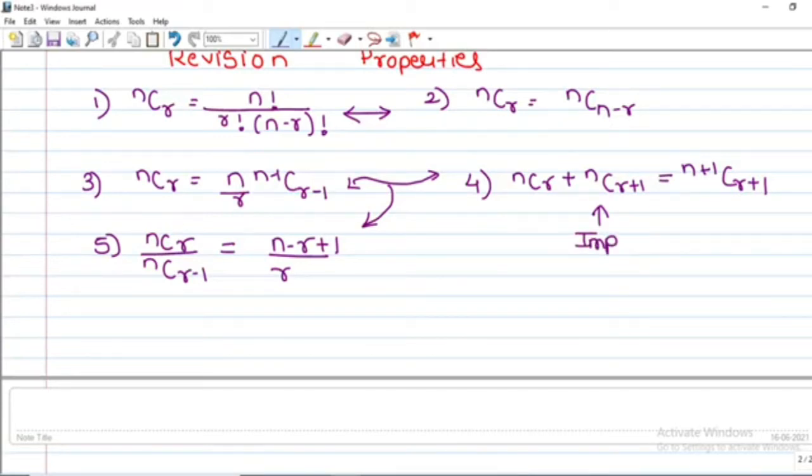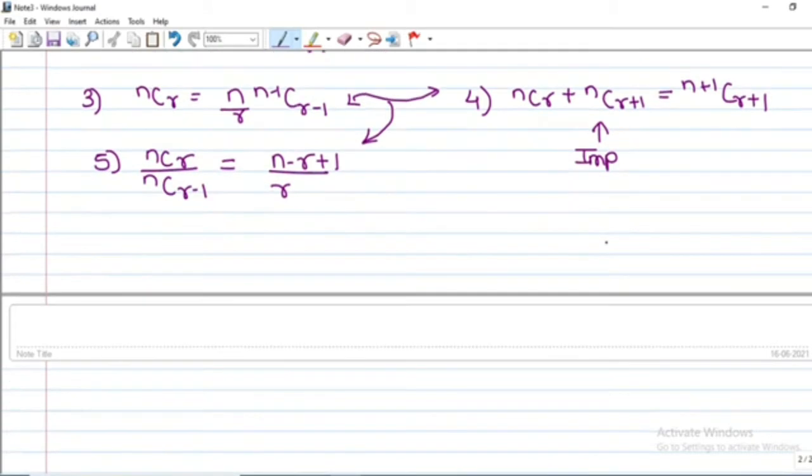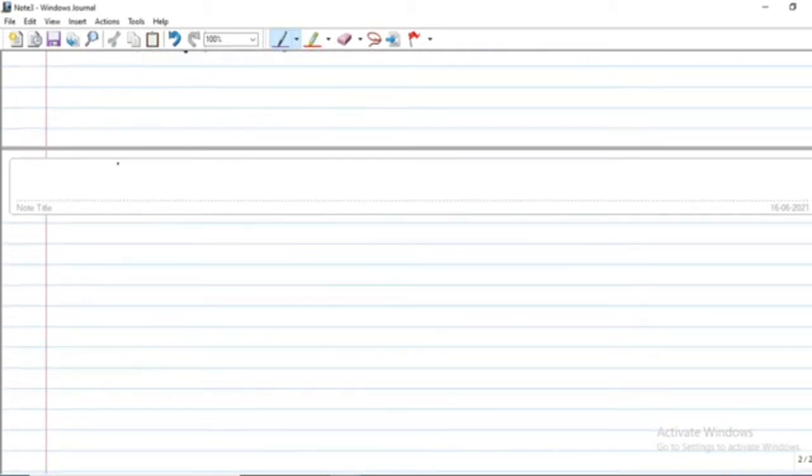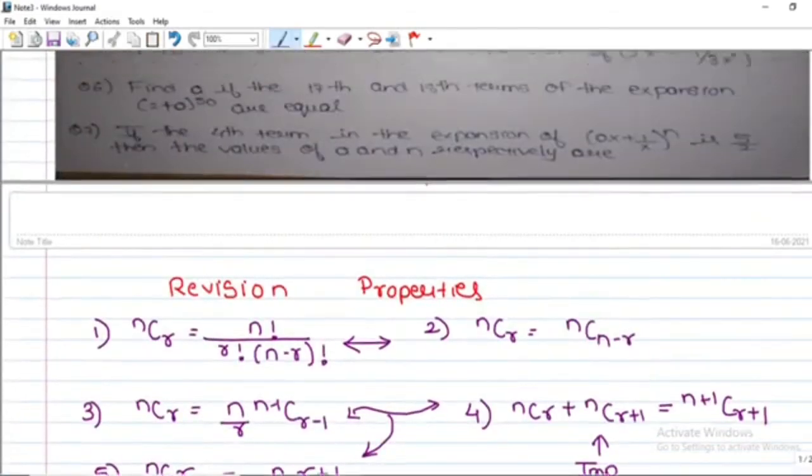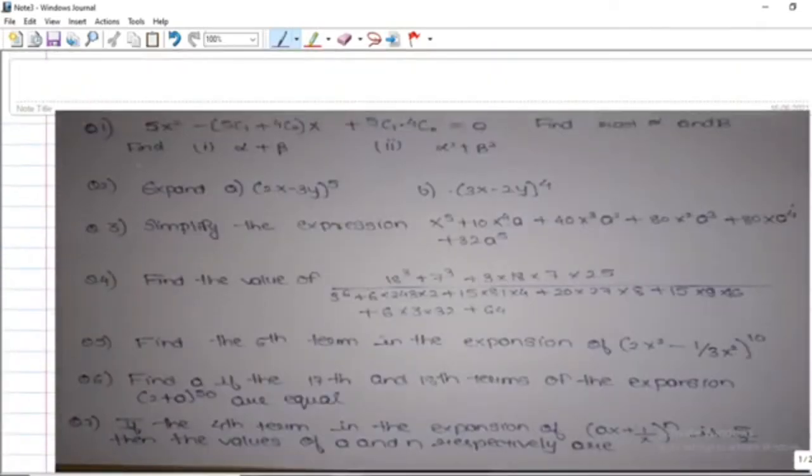Now let's begin with the new things, but before beginning let's take a question so that we can practice. All the questions which we are going to take in this session are given below.